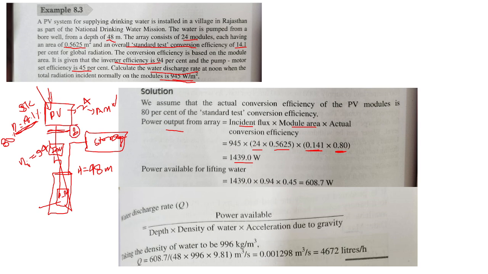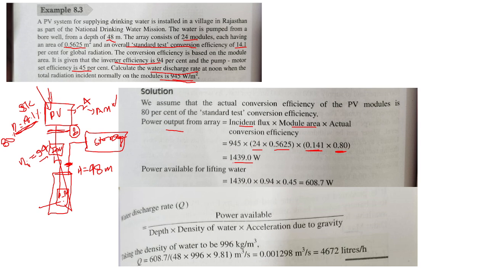Now the actual power at this point that is available for lifting water: we have to consider the efficiency of the inverter and the pump motor system, which is 94% and 45% respectively. That will multiply.